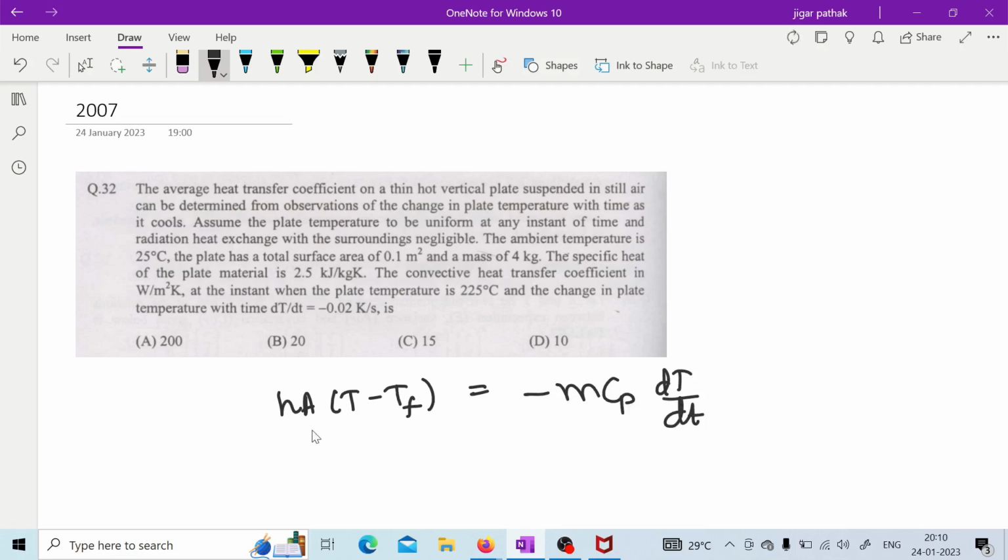Here it is a rate, so dt was there in our equilibrium equation, and I have shifted it to here. So you can try with this. Okay.